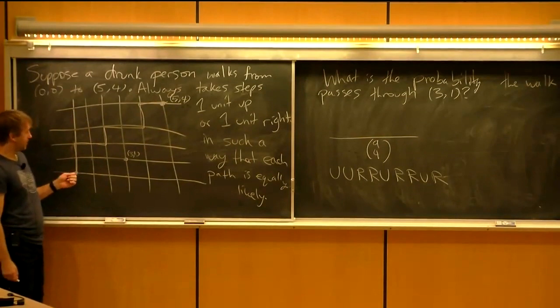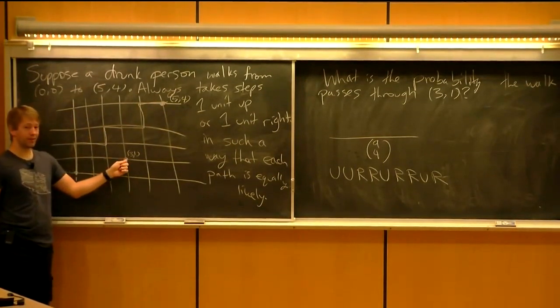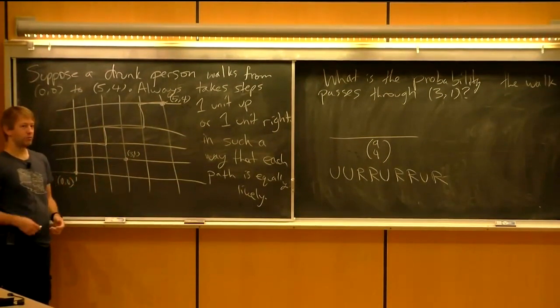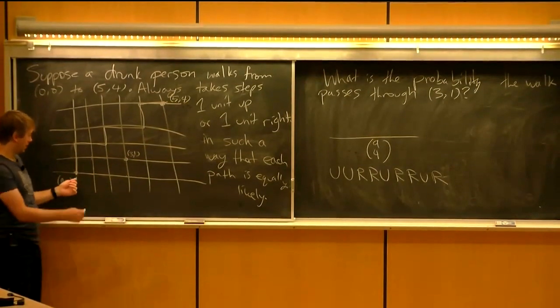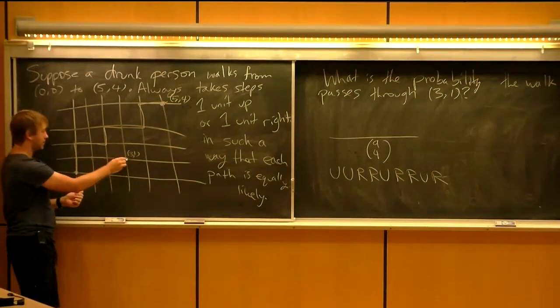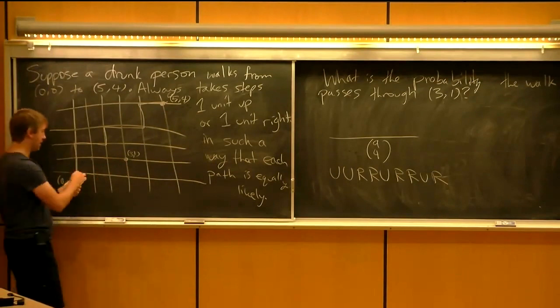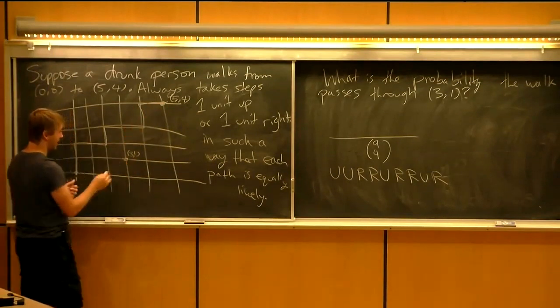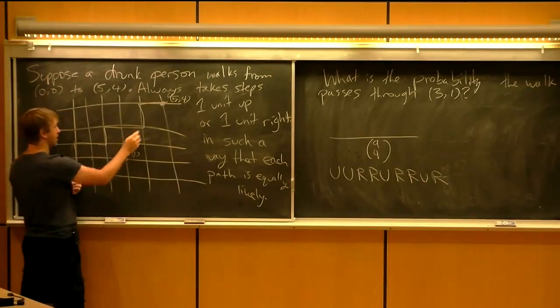So now we have to count paths from 0,0 to 5,4 that go through this point, which follows the same principle, but it's a little bit more complicated. If I'm going from here to this point, and then from here to here, that's the same as taking a path from here to here, and then a path from here to here.